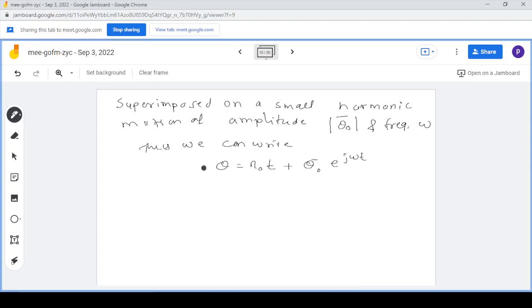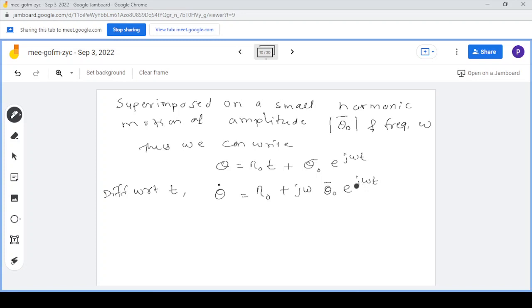Then we differentiate this expression with respect to t. So n0 t gives n0, plus theta 0 will be constant, right? And e raised to j omega t differentiates to e raised to j omega t multiplied by j omega. We can write it as j omega into theta 0 bar e raised to j omega t.